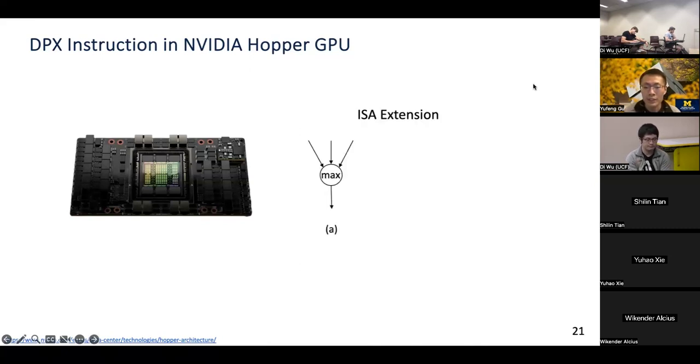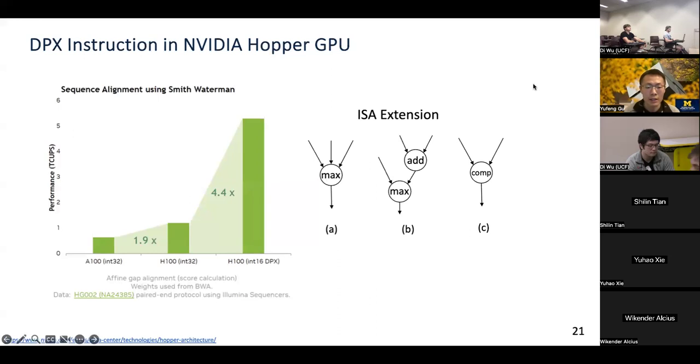In this instruction extension, what I acquired from the CUDA API is that there are max reduction, max followed by addition or comparison. These instructions are commonly used in genome sequencing algorithms. So these operations could be integrated into some special instructions, and on H100, this DPX instruction could introduce some extra performance gain.